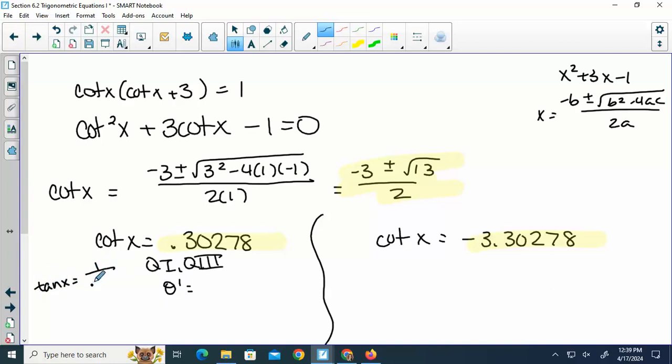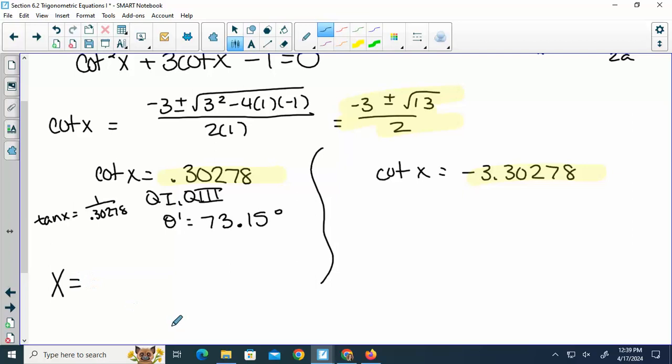I threw every ugly piece into this I can. I think the cofunctions are the hardest to work with. The reciprocal functions, I threw in a quadratic formula, just trying to give you all the ugliness at once. So we have to do tangent inverse of 1 over 0.30278. And let's just go to a couple decimals on this.